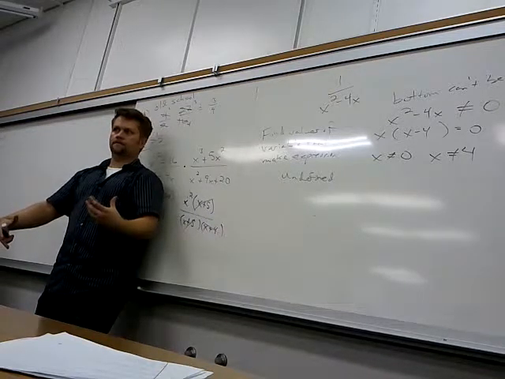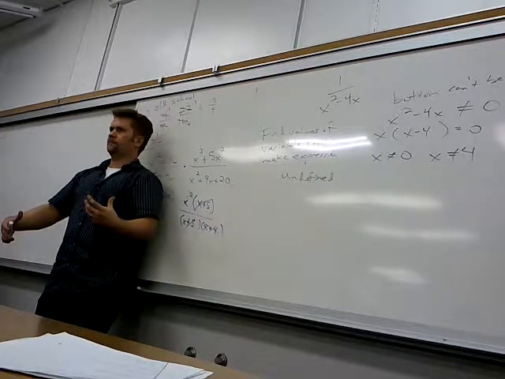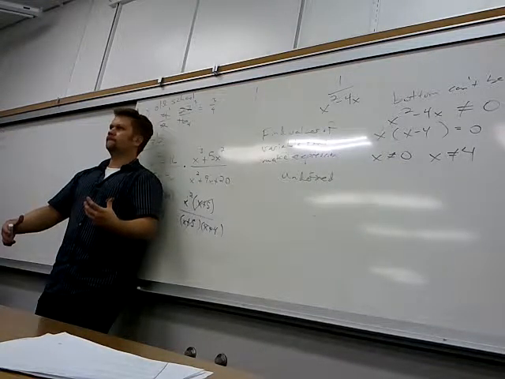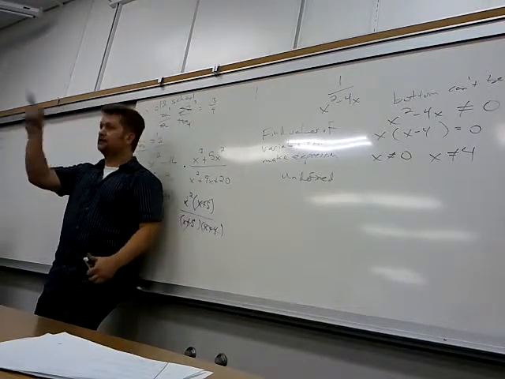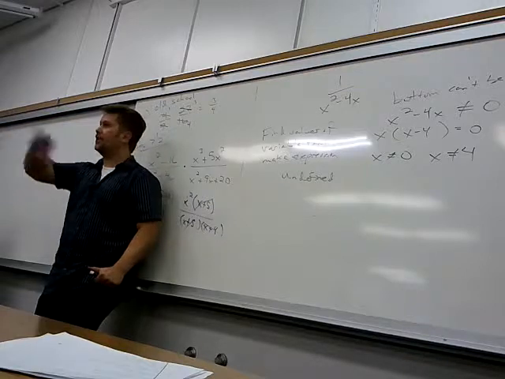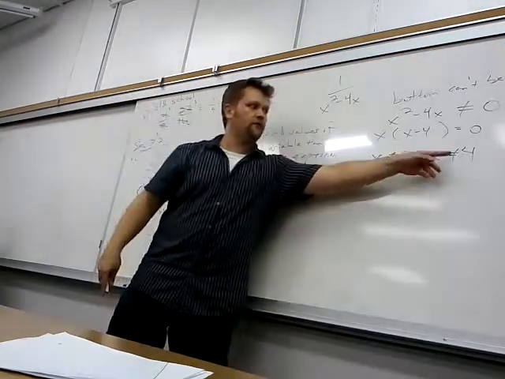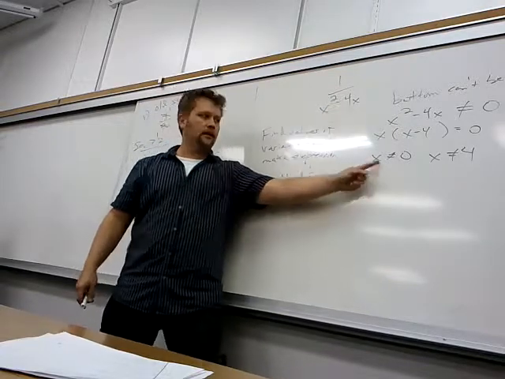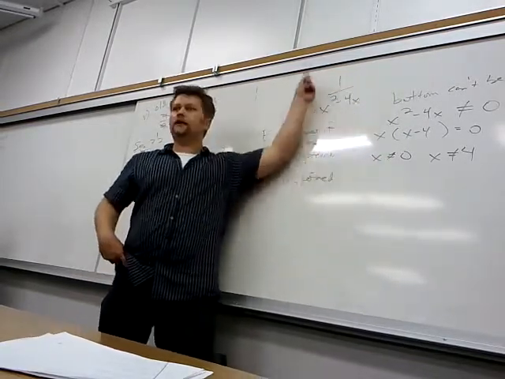You with me? That's why we're solving it as if it's equal to 0. Exactly. Because if we can figure out where it's equal to 0, we just say x can't be those things. If 0 and 4 make the bottom 0, then x can't be 0 and x can't be 4, because that would make this undefined.